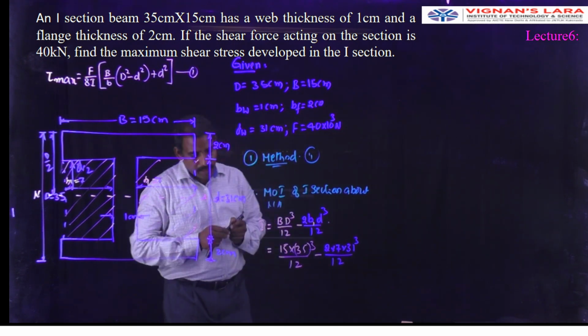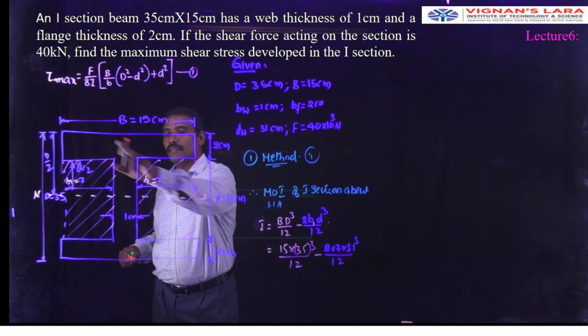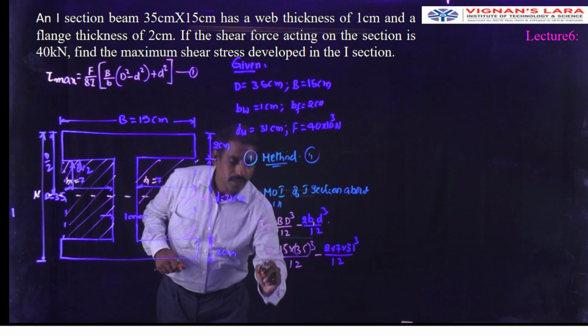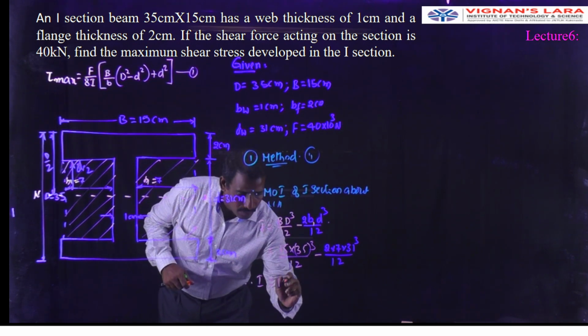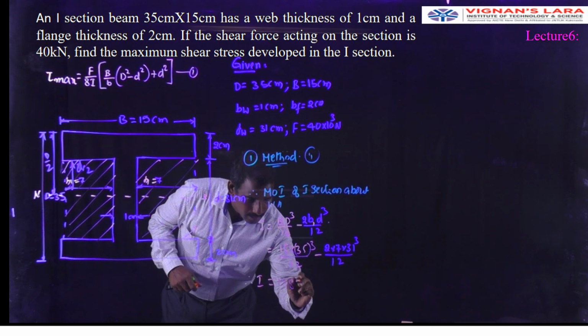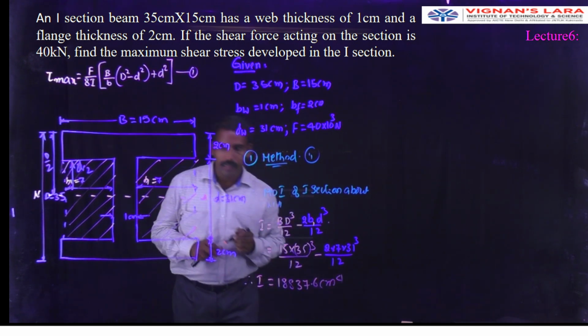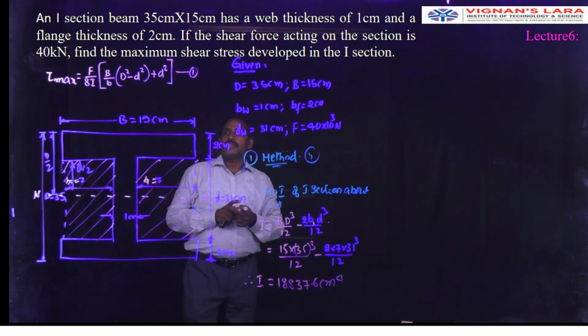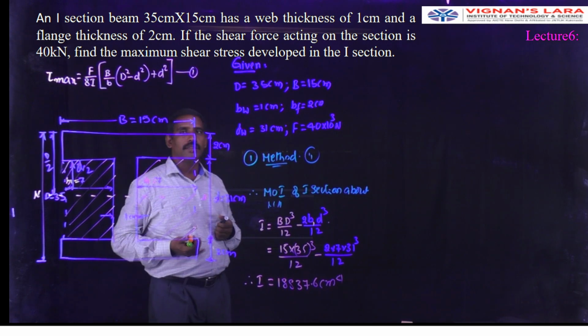After computing this value, the moment of inertia of the I section about its neutral axis is I equal to 18837.6 centimeter power 4.